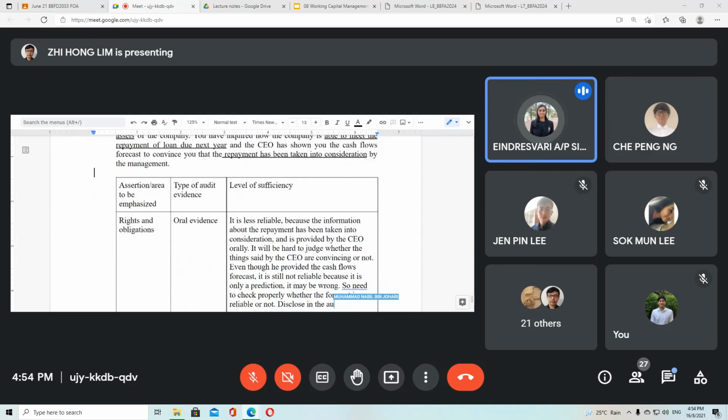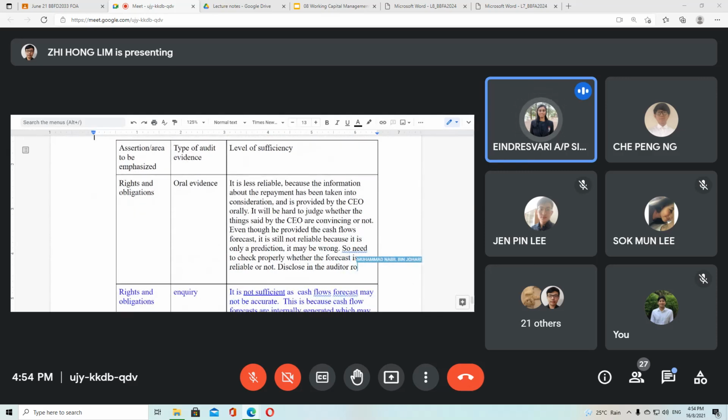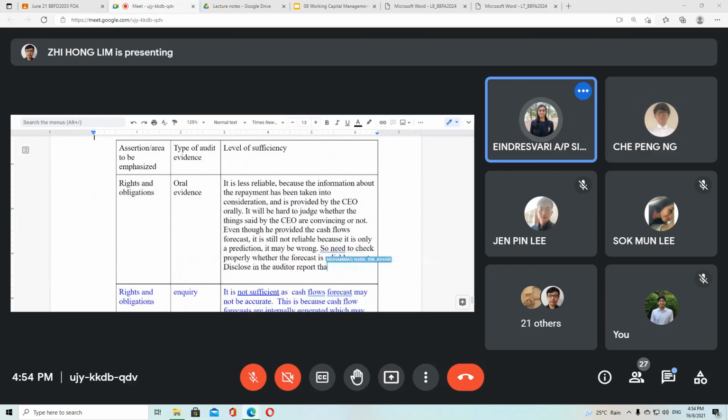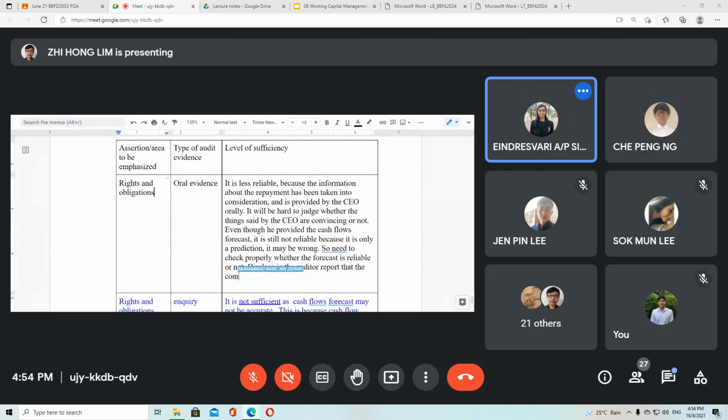Coming back here, the assertion is not very clear. There is no proper assertion. You just want to make sure that the company has sufficient money. So it will be difficult for you to judge whether whatever the CEO says is correct or not. How are you going to know whether cash flow is reliable? You will need to check properly.